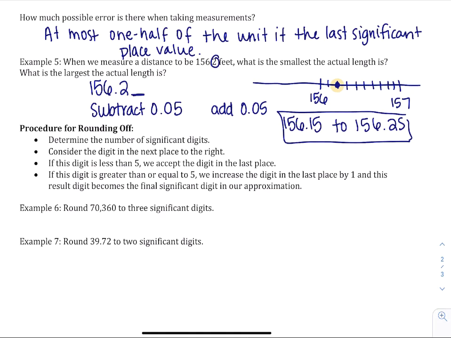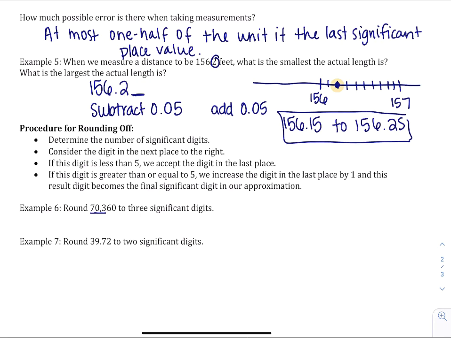So let's take a look at example 5. We have 70,360 and we want 3 significant digits. So I'm going to count 703 and that would give me my 3 significant digits. So how do I round?